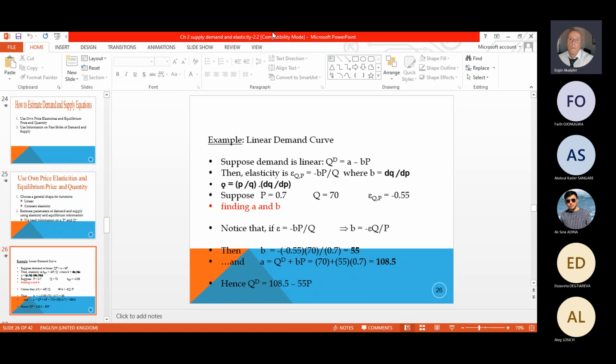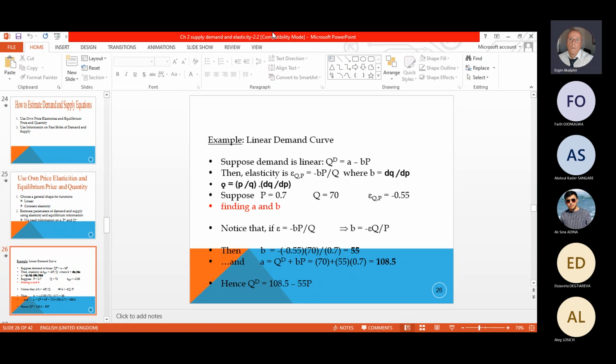As given in this example, suppose P is 0.7, Q is 70, and elasticity for this equation is minus 0.55, which means negative elasticity, and demand is inelastic.